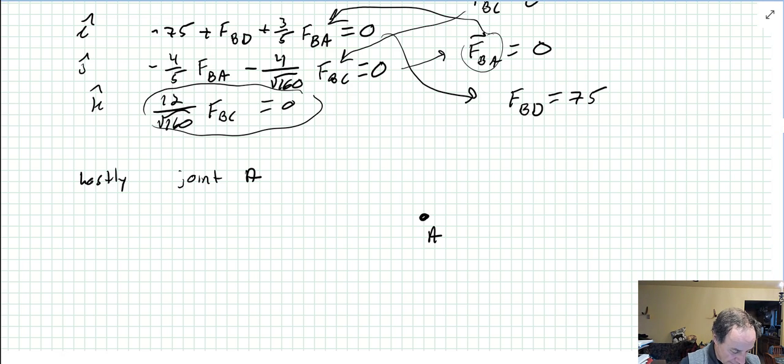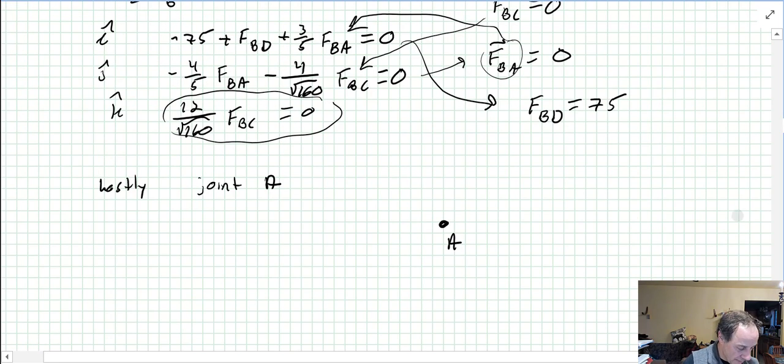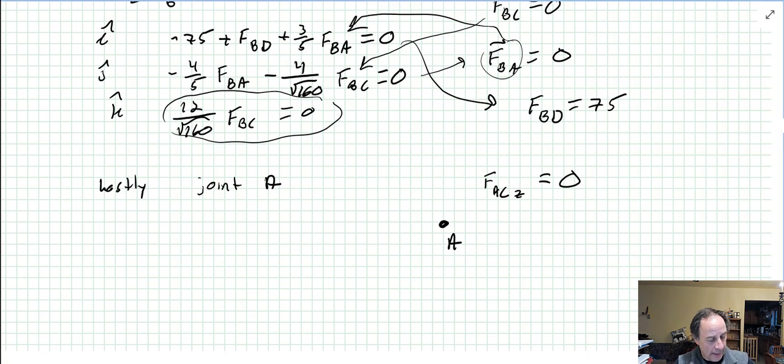We've been going on a while here, so I'm not going to go through all this, but when you go through all the forces, only force AC has a Z component. So there's no other force with a Z component, so the only one we hadn't found was force AC in the Z direction. That must be 0. All right, so you can logic your way through that.